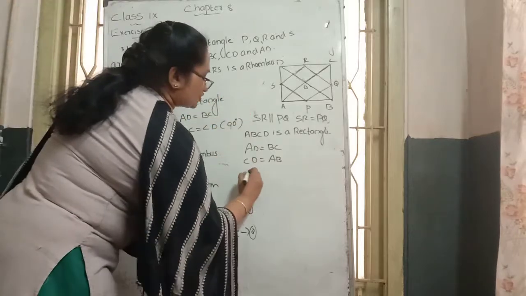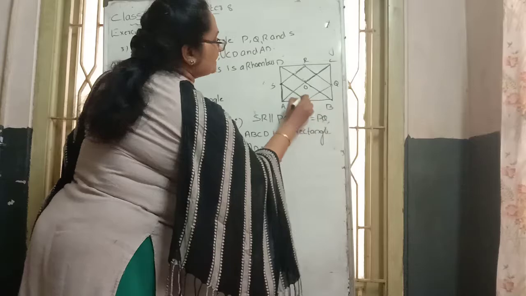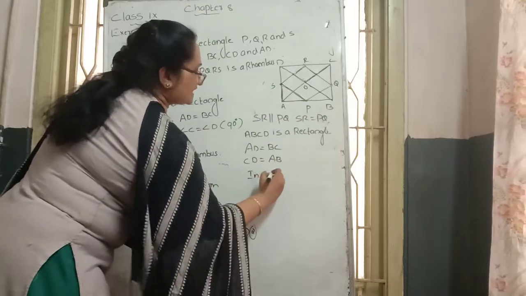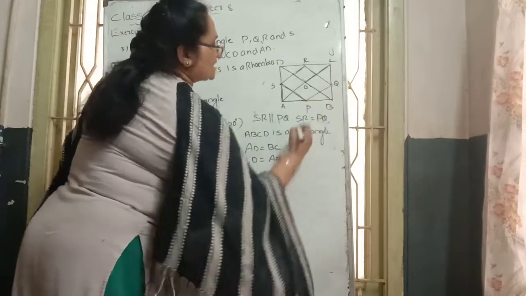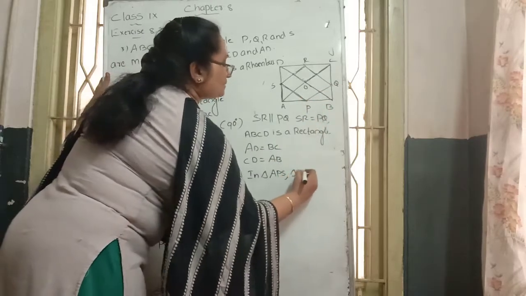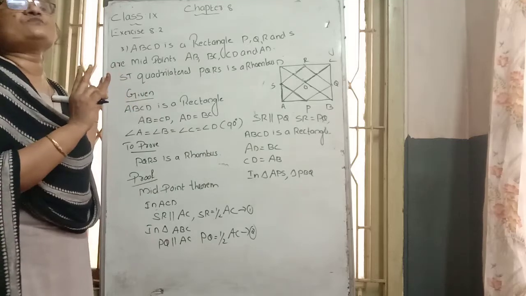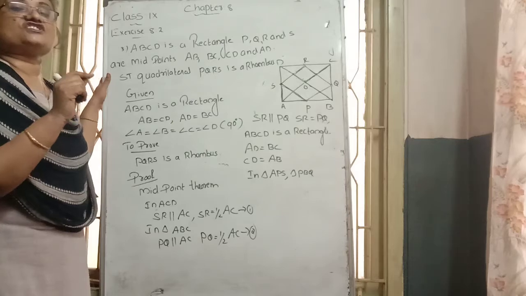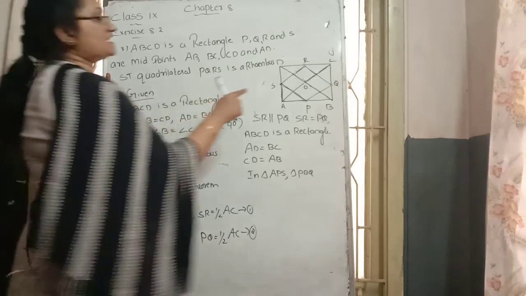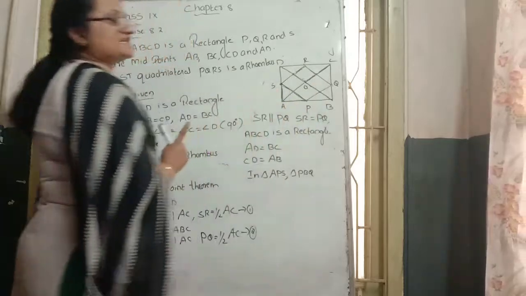Then we consider the small triangles: triangle APS, and the second triangle PBQ. Why do we take them like this? We want to prove that they are congruent triangles, then by CPCT the sides are equal: SP and PQ are equal.